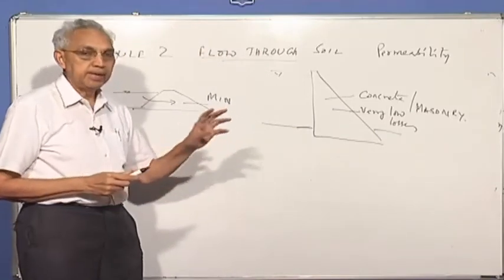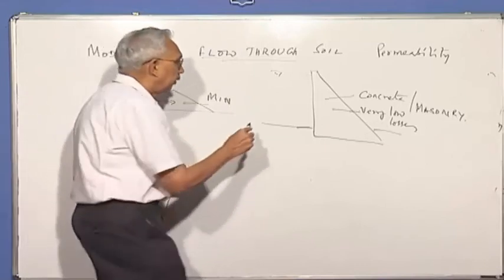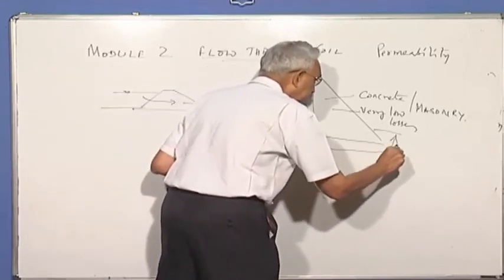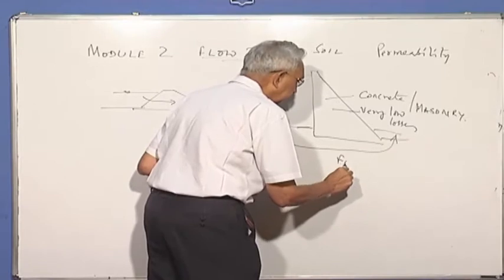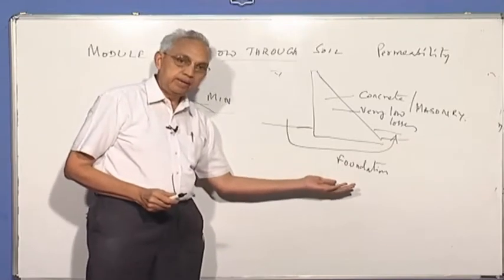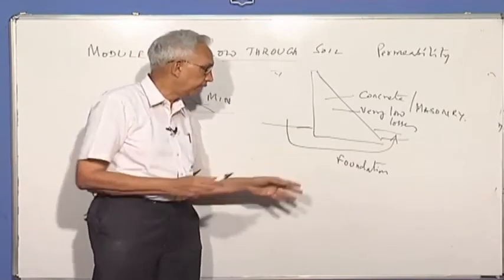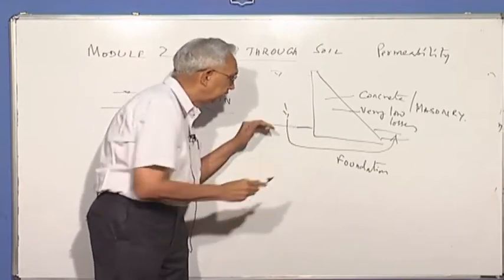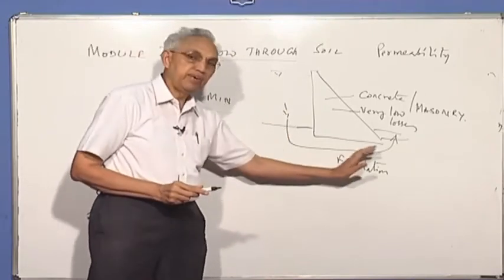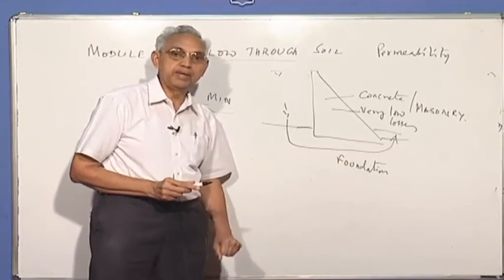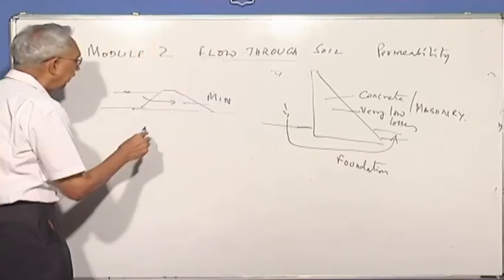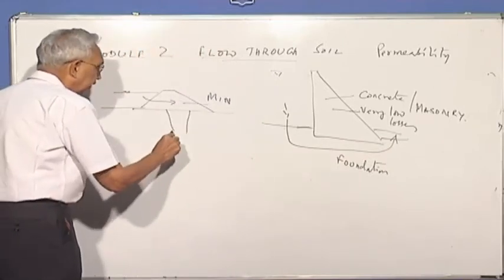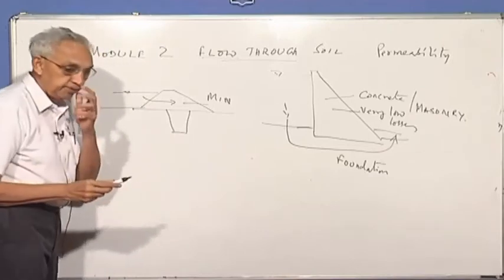The flow through the dam is very, very small, but there are chances of the water escaping through the foundation, which could be soil or rock. If you don't design properly, the reservoir which stores the water may find some leakage through the dam foundation, so we need to provide a cutoff, etc.